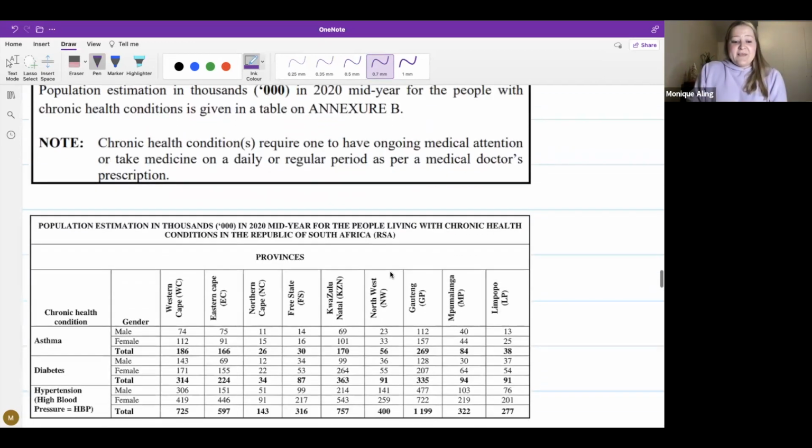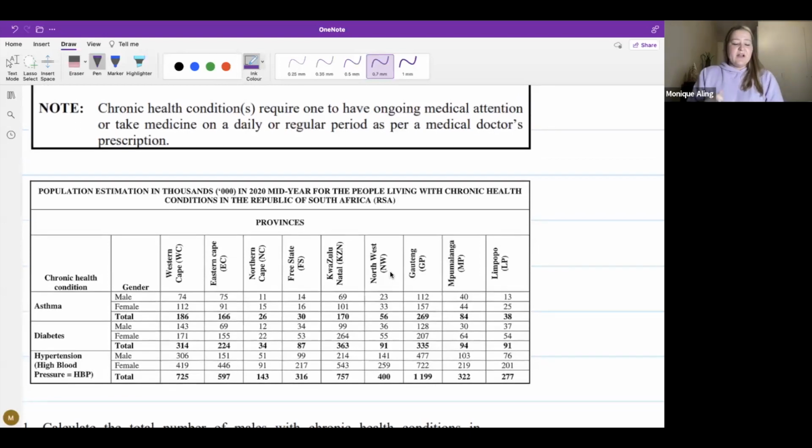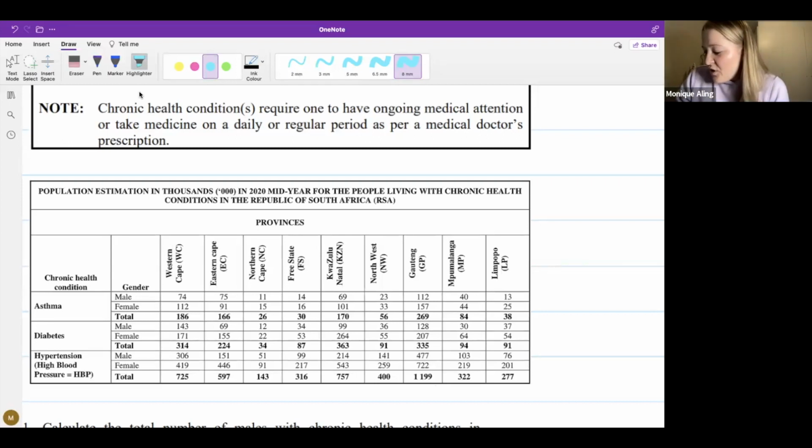Okay, so looking at the table here, always important to read the heading, population estimation in thousands in 2020 mid-year. The key thing here to take note of is that the numbers are in thousands.